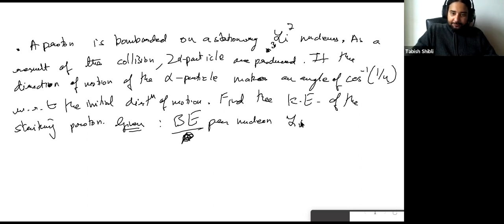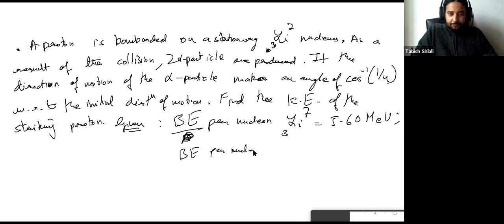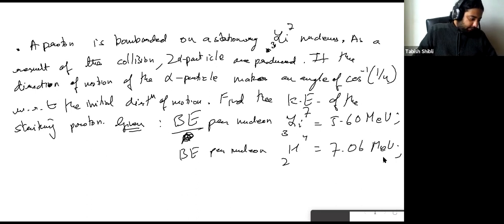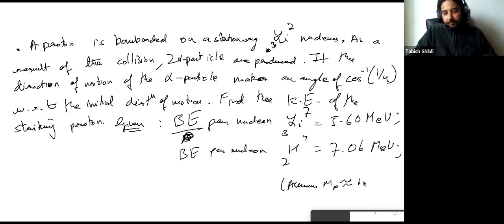For lithium 7 it is given to be 5.60 mega electron volts, and the binding energy per nucleon for the alpha particle, the helium 4 nucleus, is 7.06 mega electron volts. You can assume that the mass of the proton is equal to the mass of the neutron.